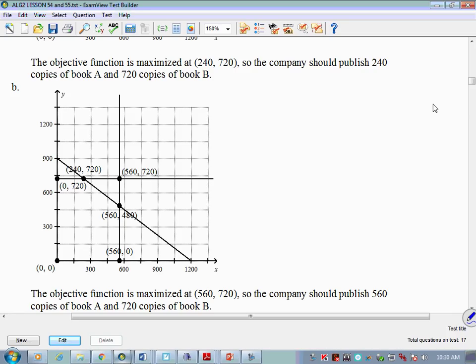The profit for A equals 10. So that is a line, and if A is my x and B is my y, we said A equaled 10.